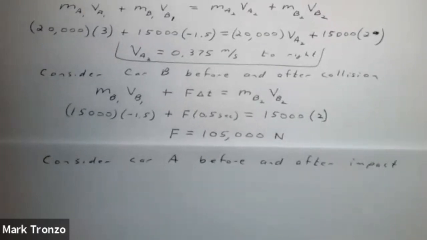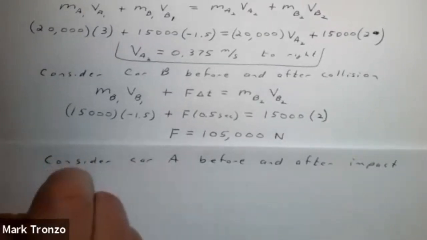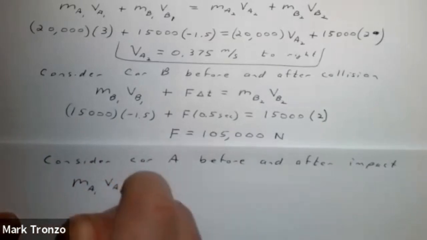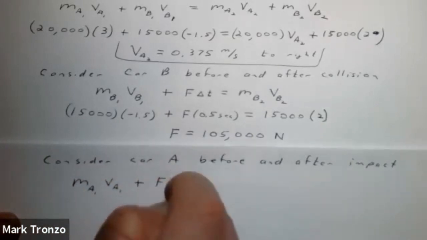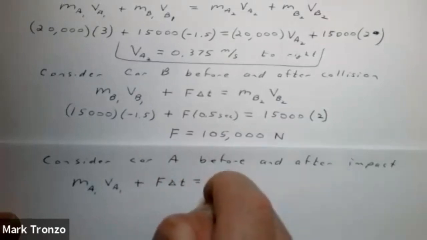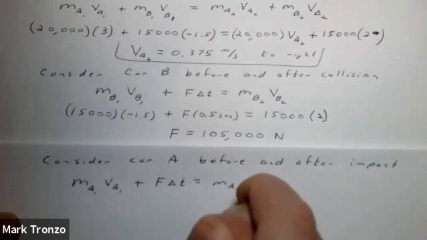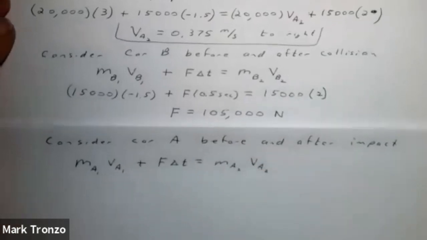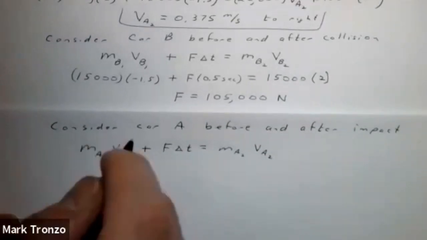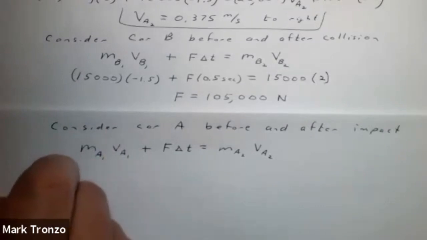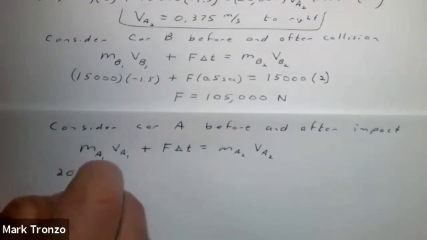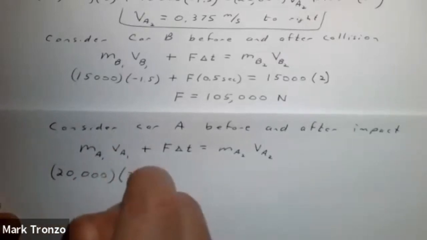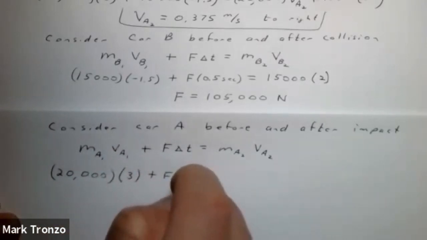And so, again, do m_A v_A1 plus F delta t equals m_A v_A2. And once again, it's going to be 20,000 times 3 meters per second plus F delta t.